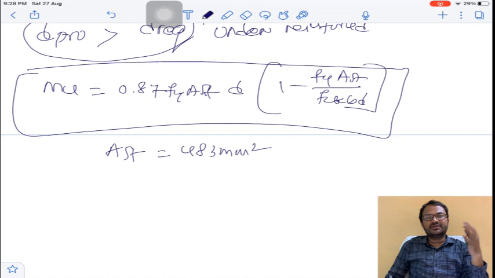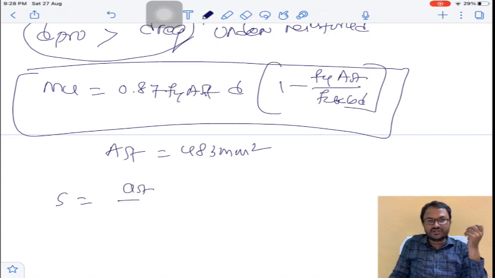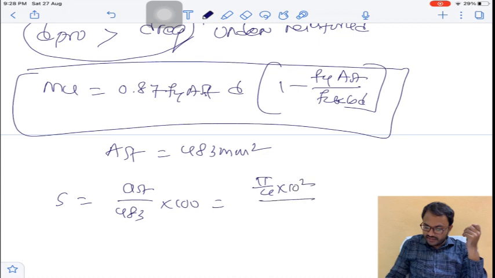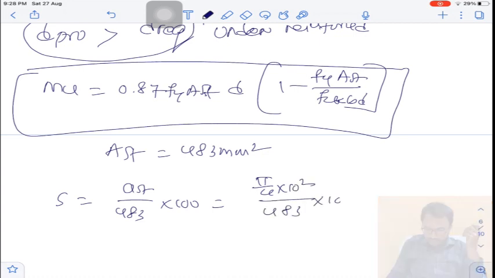Okay, and he has given 10 mm bars. So spacing S is equal to small ast, that is reinforcement area for one bar, divided by total area. So one bar area is pi by 4 into 10 square, divided by 483, into 1000. It will be 162.5 mm.